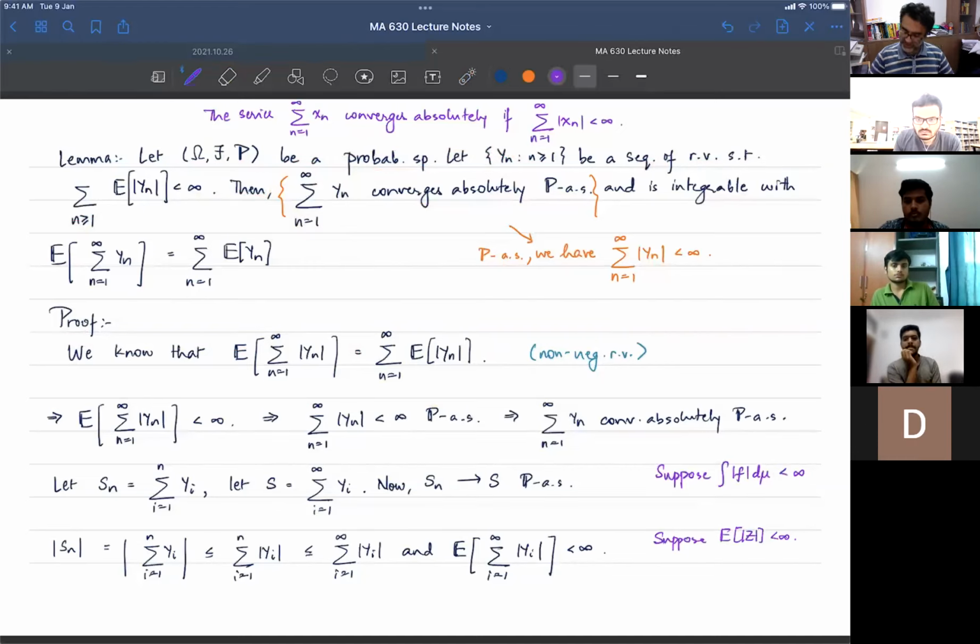Suppose the integral of the absolute value of f is less than infinity, then what can you say? Then you know that the absolute value of f must be finite almost everywhere. We did this when we did integrals. If a non-negative function has finite integral, then if at all it takes the value infinity, that must be happening on a set of measure 0.